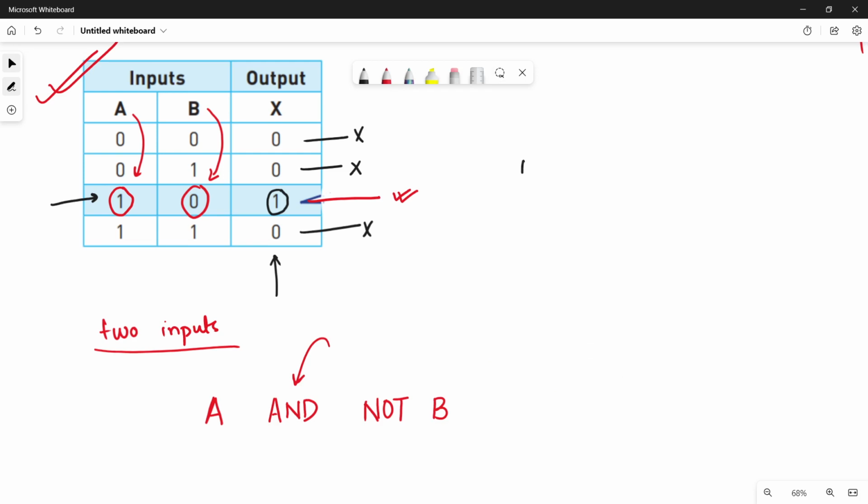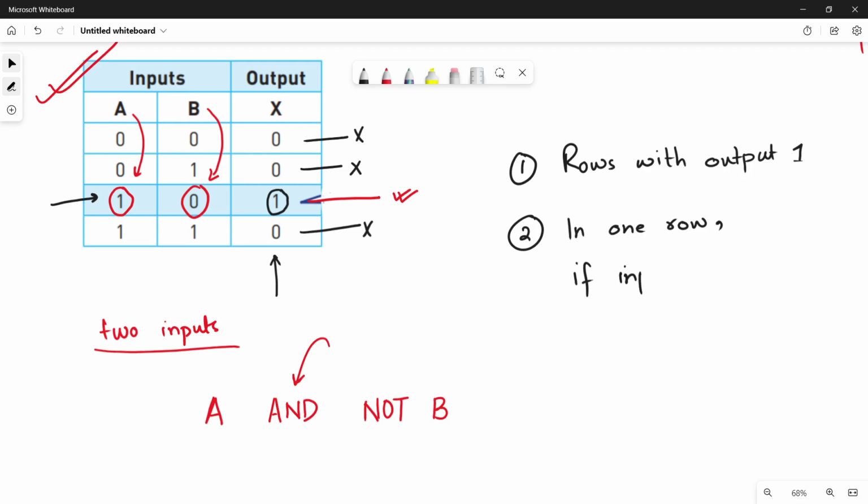First thing, consider only those rows with output 1. Number 2, in one row, if the input value is 1, keep it as it is in your logic expression. But this is very important.